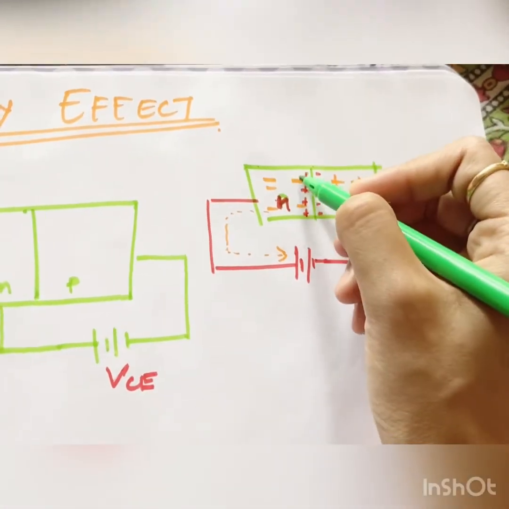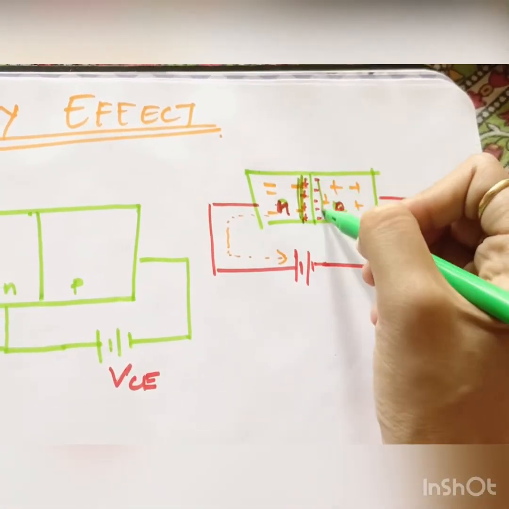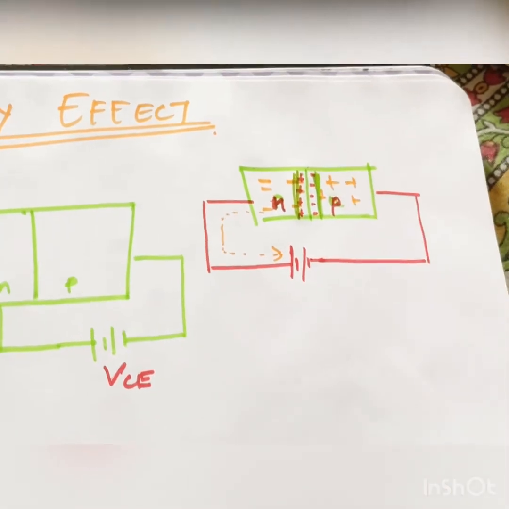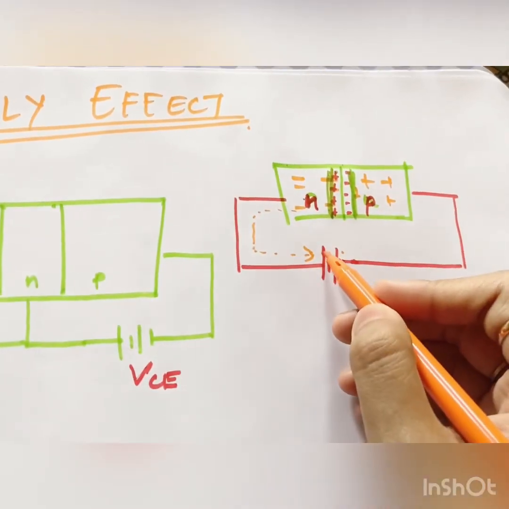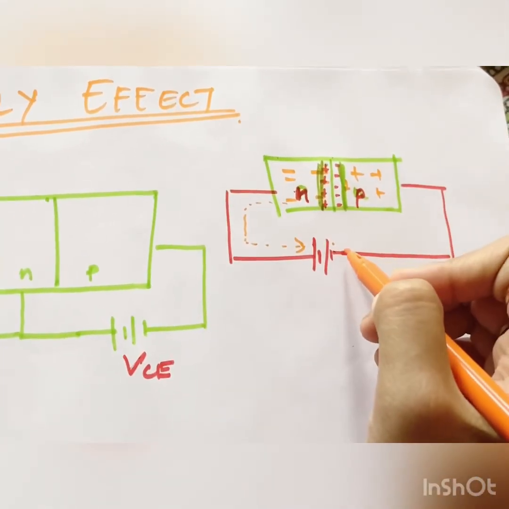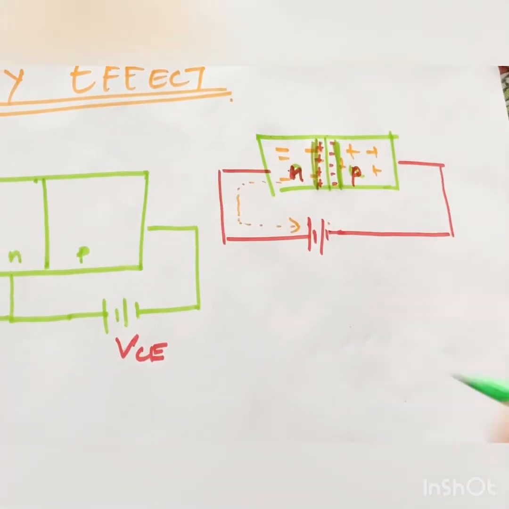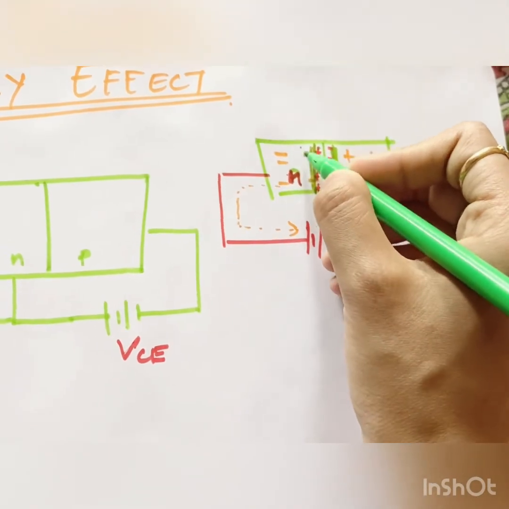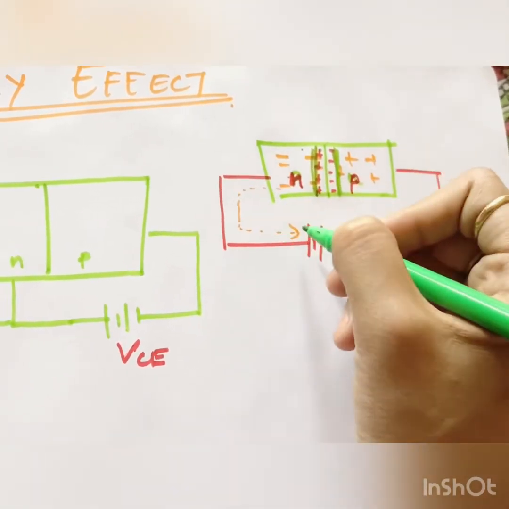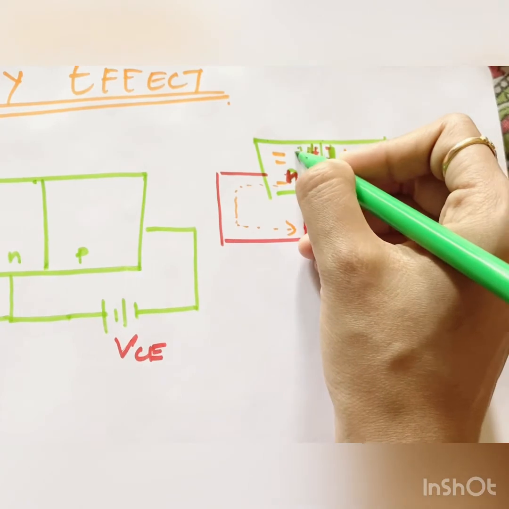This positive terminal will attract the electrons, and this negative terminal will attract the holes. So due to this, the depletion region widens.